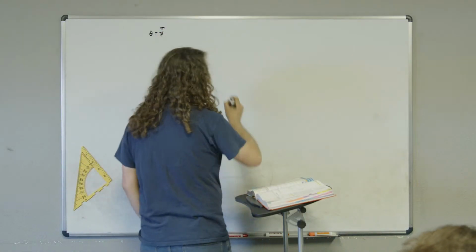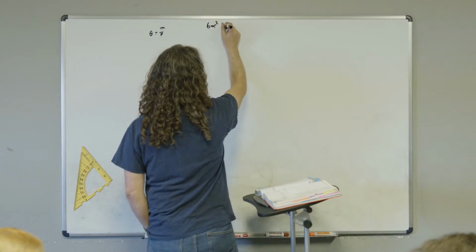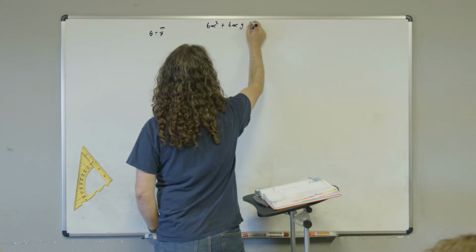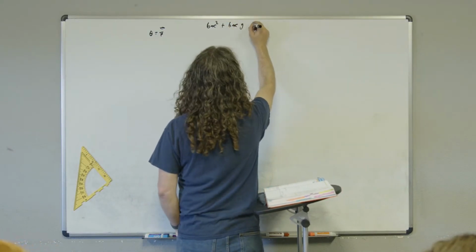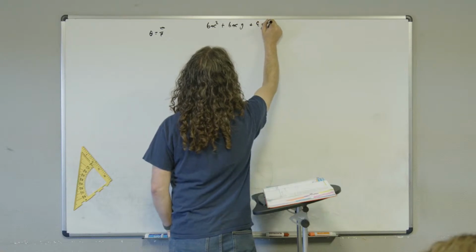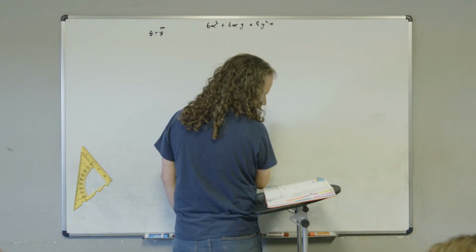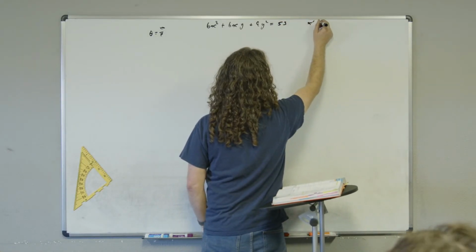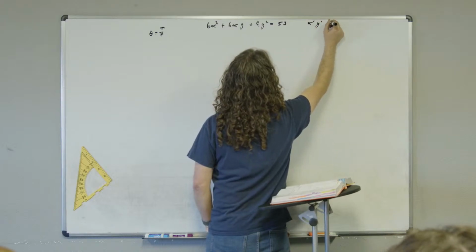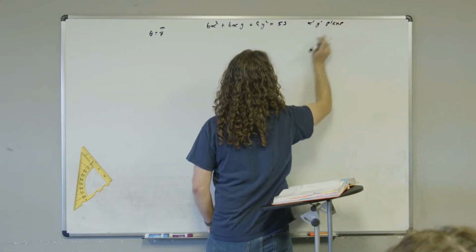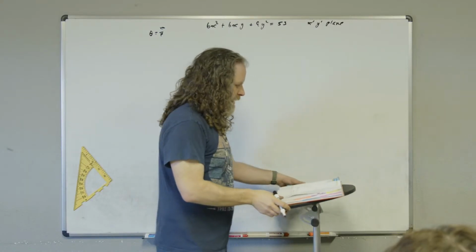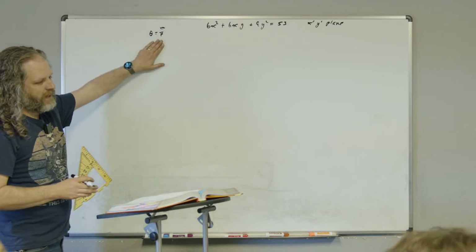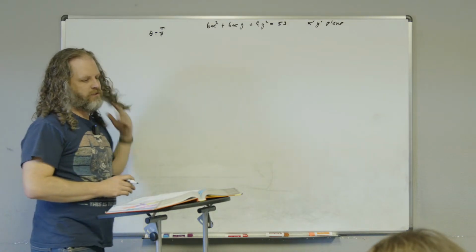Pi over 4 to write 6x squared plus 6xy plus 9y squared equals 53 in the x prime, y prime plane. Right? And in order to do that, we had to get sine and cosine of this angle. Yep. True enough.